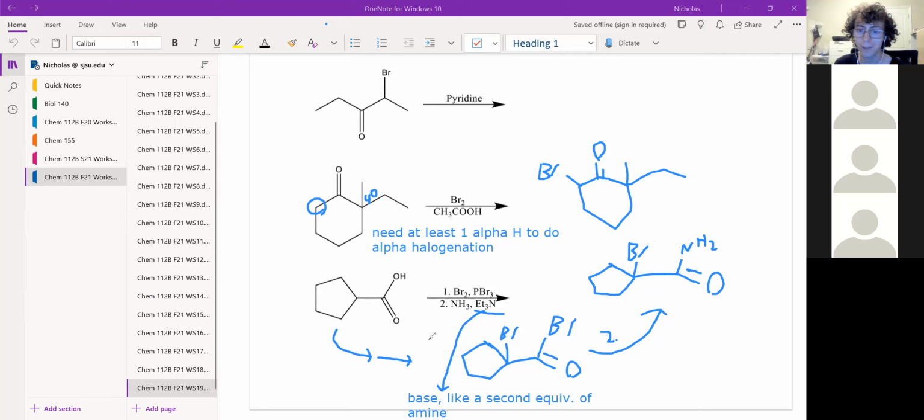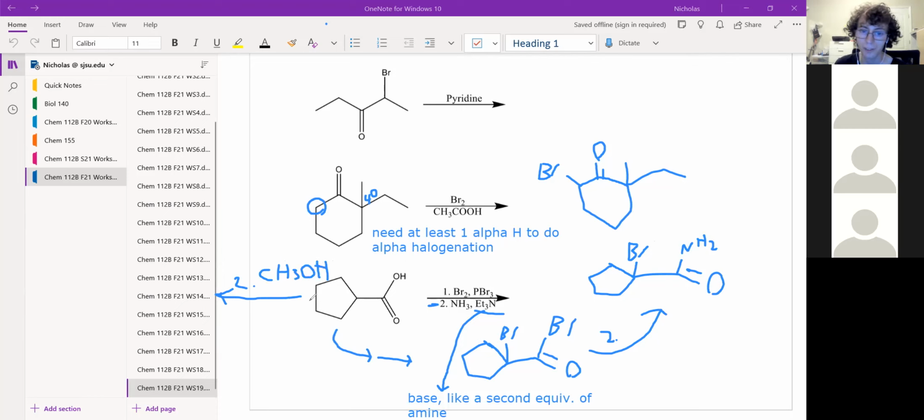I don't know if he would do something like this, but it's a mix-up he could do. He could put something else here for a second step if he wanted. Suppose he put methanol for the second step instead of NH3.